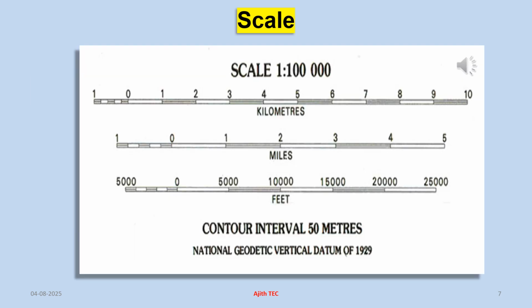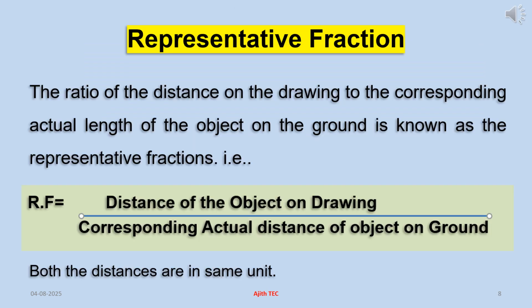In this slide is illustrated a graphical representation of scale with due references. Advantage of graphical representation: it eliminates the scale problem due to shrinkage of the plan or map sheet. Representative fraction, RF. A representative fraction, RF, is a way to express the scale of a map as a ratio, indicating the relationship between a distance on the map and the corresponding distance on the ground.